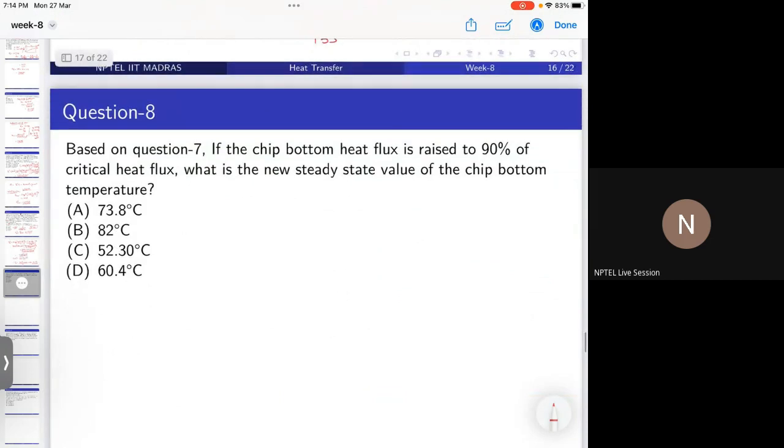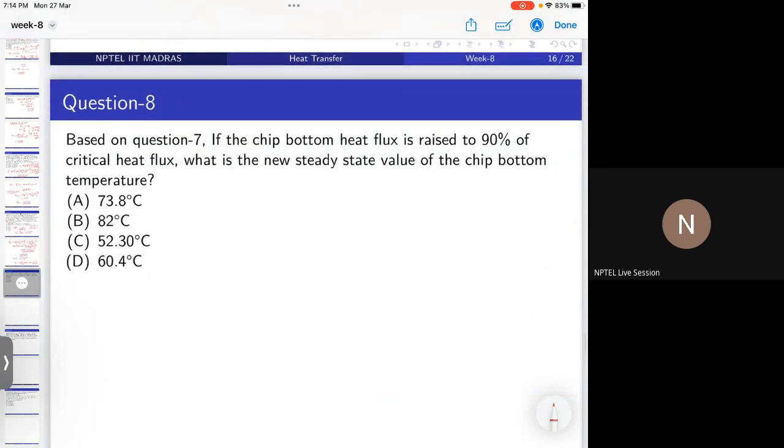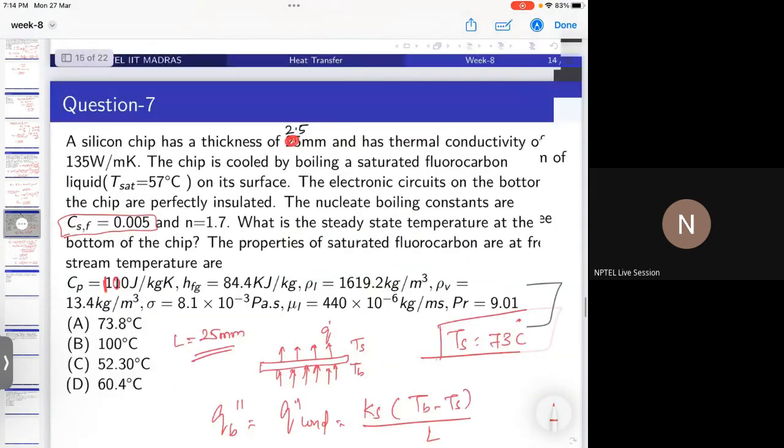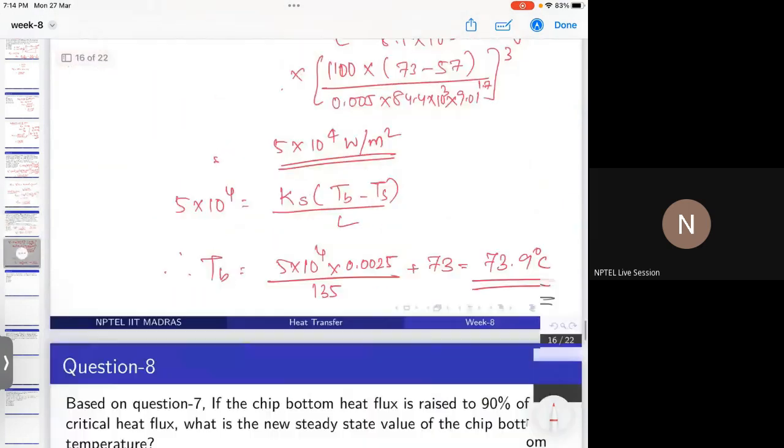So this question is a continuation. If the chip bottom heat flux is raised to 90% of the critical heat flux value, what is the new steady state value of the chip temperature? Can you please find out the critical heat flux value? For that you need the C value, which we have taken as 0.149.